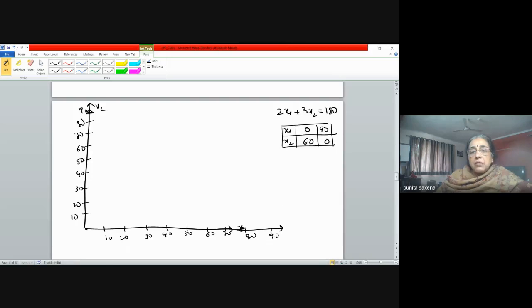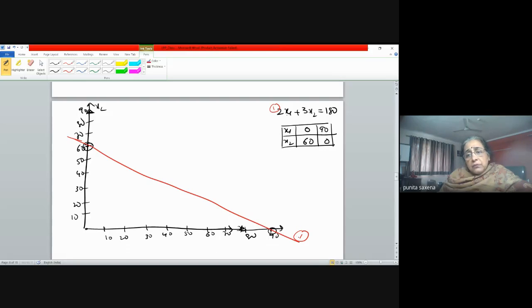So my points are 0, 60. 0, 60 means this point, right? And then 90, 0. That means this point, right? So basically, this my first constraint is going to be a line joining these 2 points. See, this is my line number 1, constraint number 1, right?